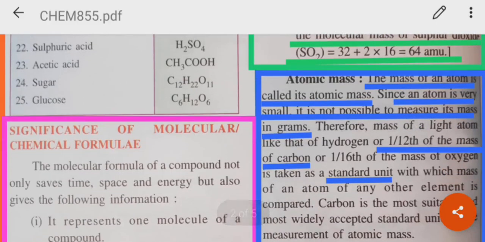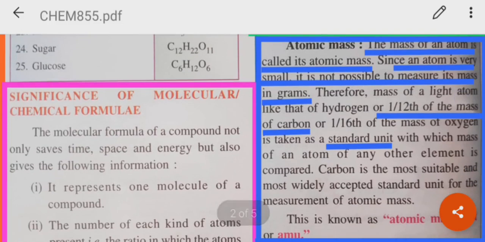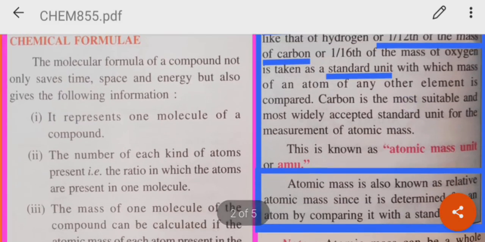So, what is atomic mass? Since the mass of an atom is very small, it is not possible to measure its mass in grams. So, it is measured in atomic mass, okay, and the standard chosen for measuring the atomic mass is 1/12 of the mass of carbon, which is taken as the standard unit, okay.